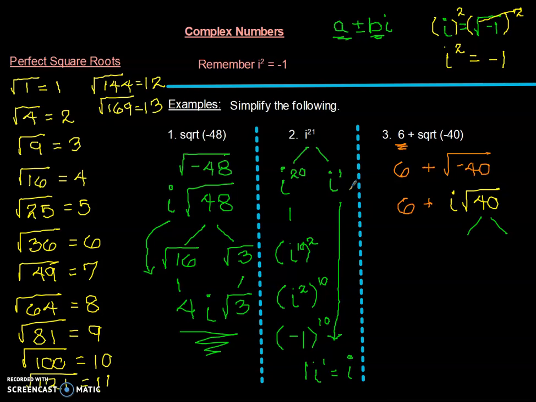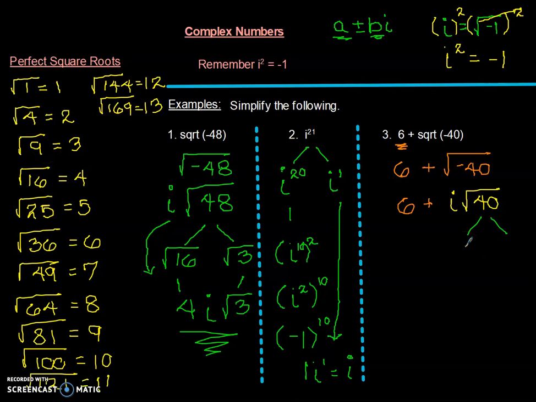So you're going to go to the closest perfect square less than 40, which is 36. Again, 40 and 36 do not go into each other perfectly. 40 divided by 25, that doesn't work either. 9 doesn't go perfectly into 40, but 40 divided by 4 does.